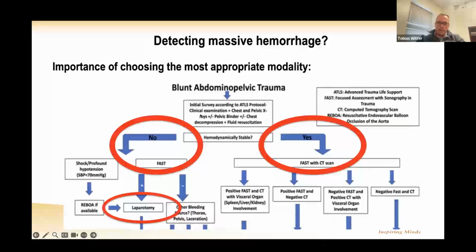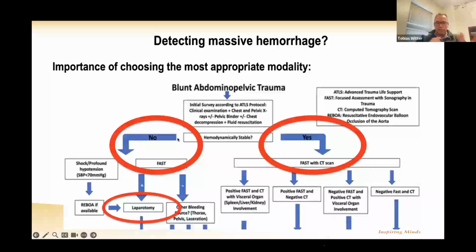But again, the major determining question here is, is my patient stable at this point? If the answer is no, you're going to do a FAST. And if the FAST is positive, the patient usually goes to the operating room. If FAST is negative, you have to figure out where the other bleeding sources are. And that may be in the chest, that may be in the pelvis, but ideally you will find that out on the FAST.